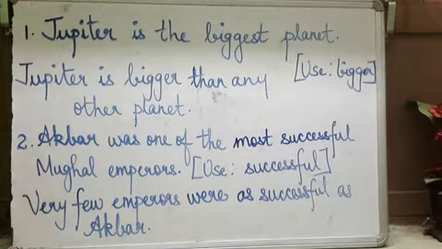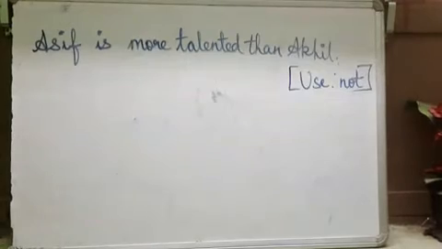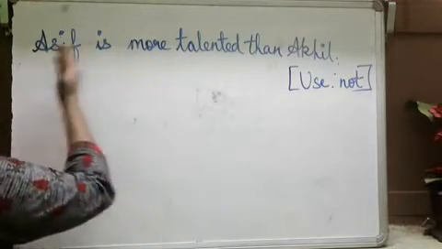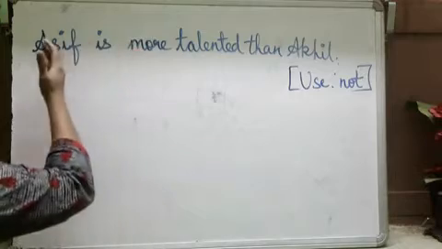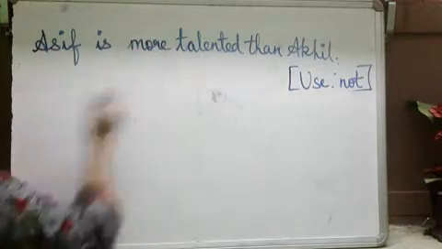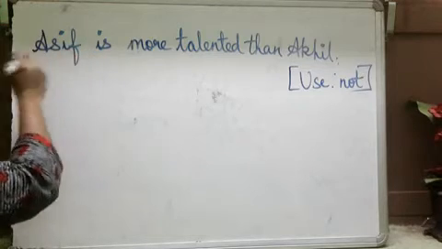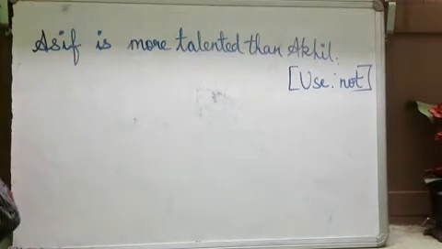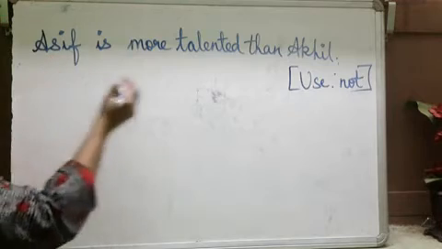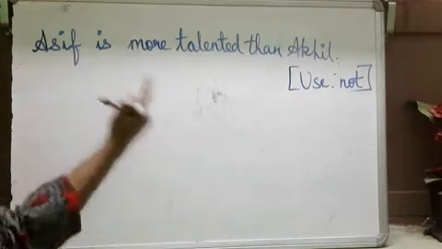Now let us see one sentence of the third pattern. Why do we call this the third pattern? Because in this third pattern we have two subjects, two comparisons, the comparison between two persons, Asif and Akil. And therefore in this pattern we don't have any superlative degree. Now they have asked the question, use not in this sentence.